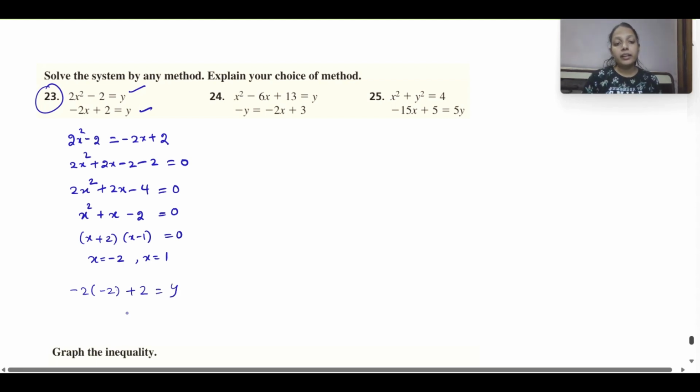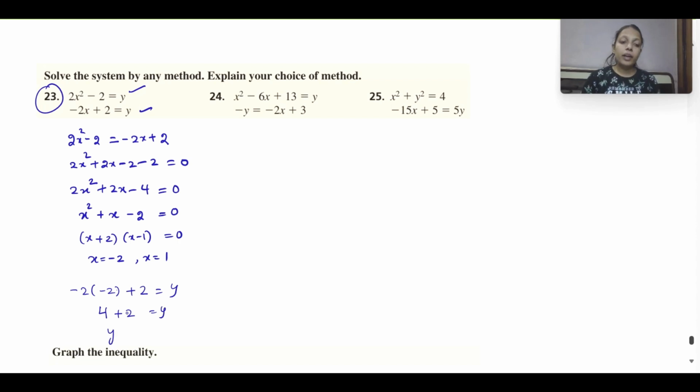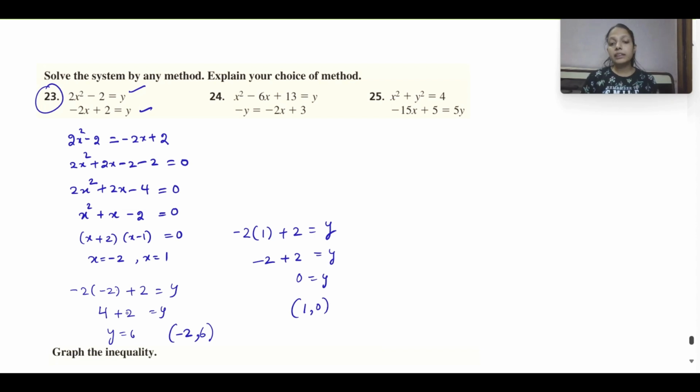It becomes 4 plus 2 is y, so y is 6. As the y value is 6, your coordinate is negative 2, 6. Now I substitute 1. Negative 2 into 1 plus 2 is y, so negative 2 plus 2 is y. So y is 0. So the coordinate is 1, 0.